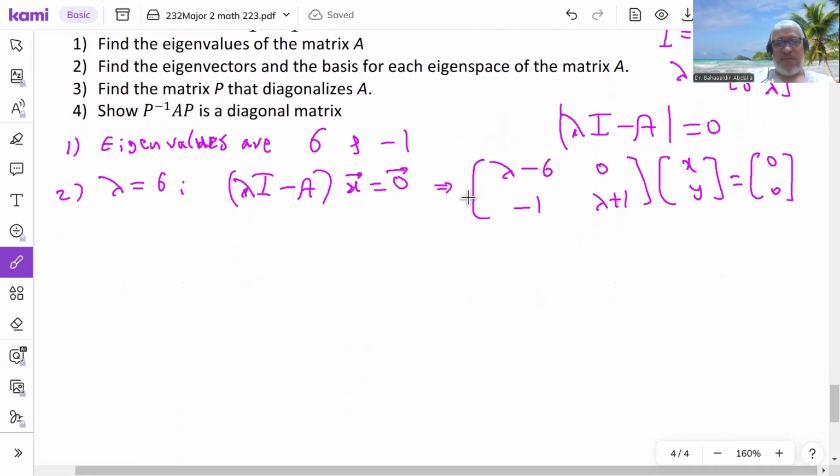But lambda here is 6. So I have 6 minus 6, that's 0, 0, negative 1, 6 plus 1 is 7. Now, to solve this system, I need to solve this augmented matrix using Gauss-Jordan. So interchange row 1 and row 2 and multiply row 2 by negative 1.